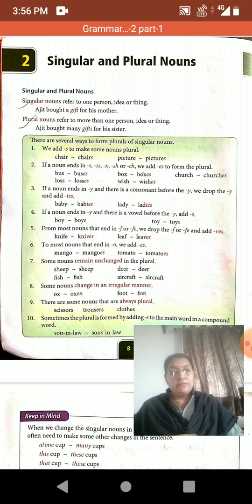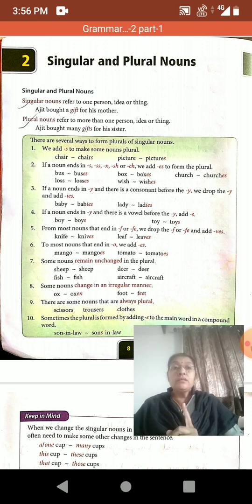Picture, pictures. Second rule, if a noun ends in s, double s, x, sh, ch, we add es to form the plural.